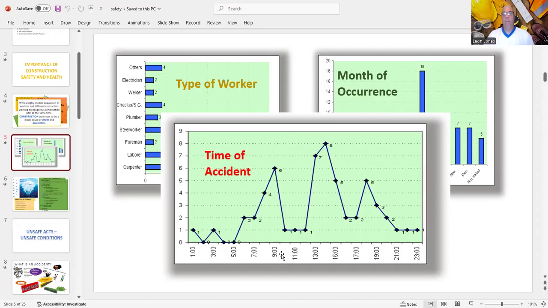Look at the history. You look at who's working out there. Like, let's say most of your tradespeople, your carpenters, your steel workers, your plumbers. These are the individuals with the boots on the ground. These are the individuals out there working in the heat. They're working in the cold weather as well.